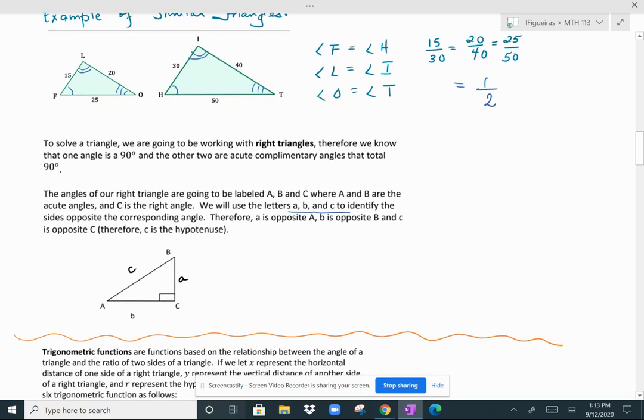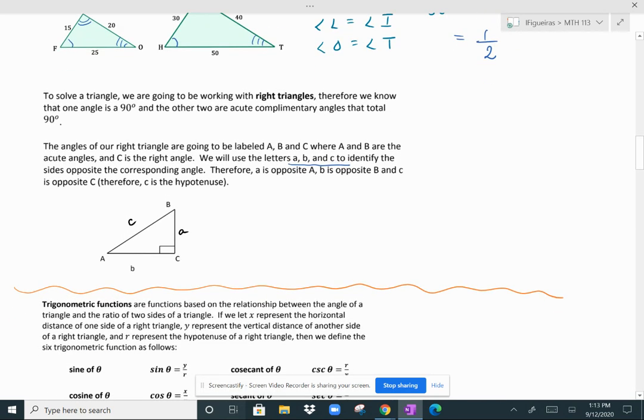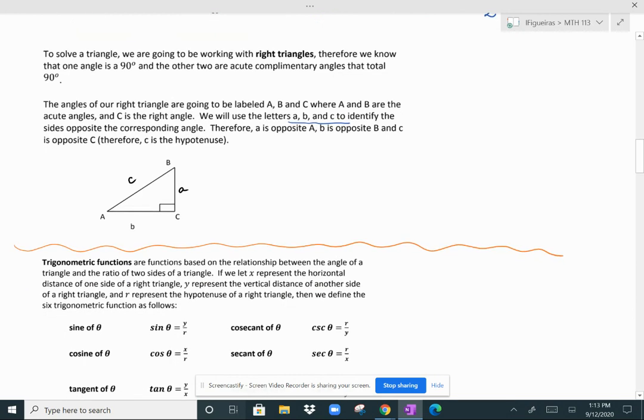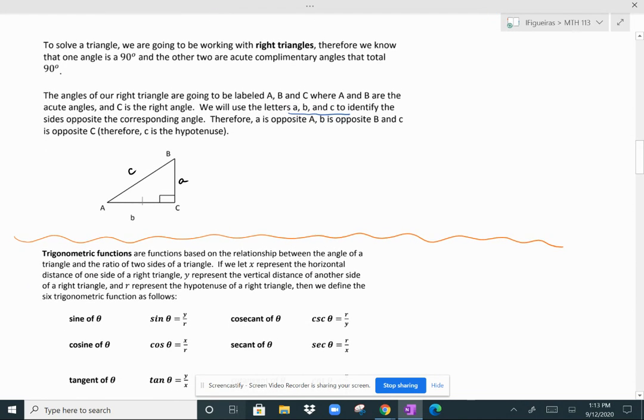So now we get into trigonometric functions. Trigonometric functions are defined based on relationships between the angle of a triangle and the ratio of two sides of a right triangle. So our trigonometric functions will be based off of right triangles.